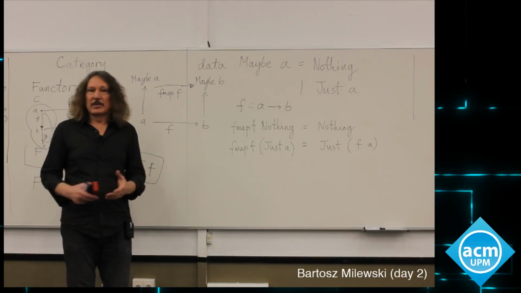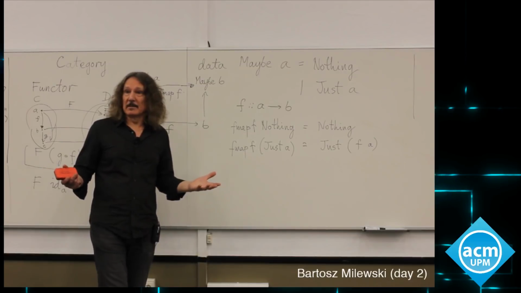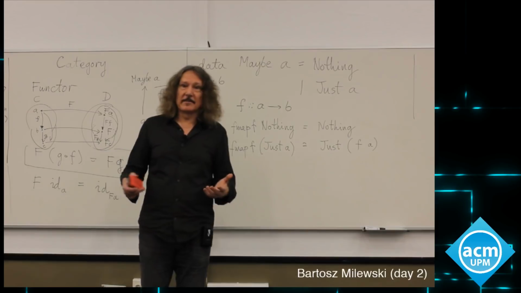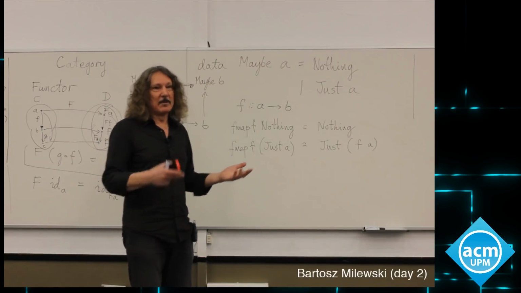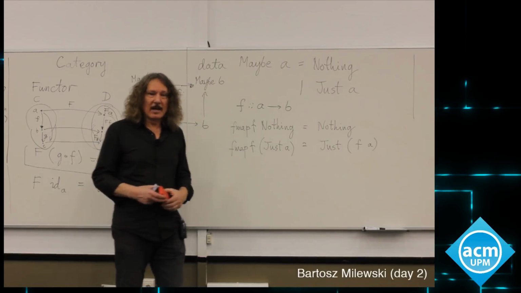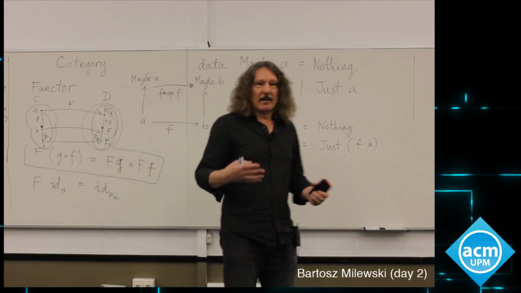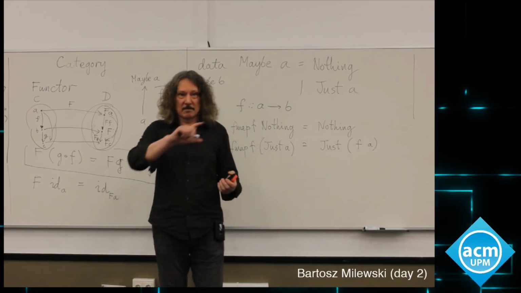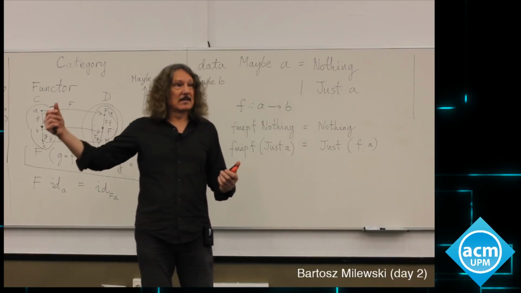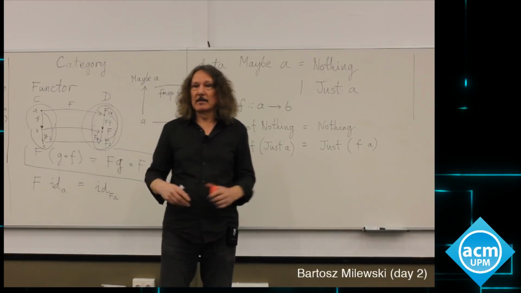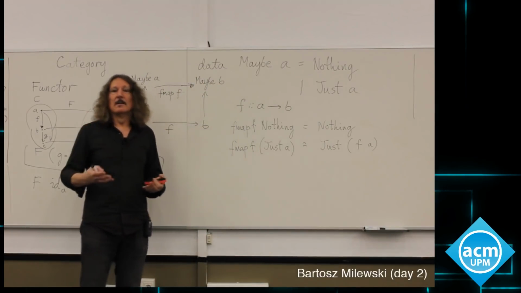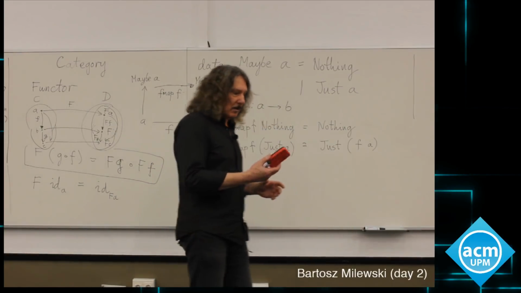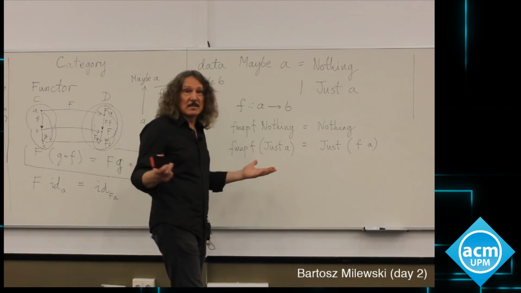Another example of a container is a list. A list is a container of things, so a list is a functor too. Everybody who programs in Haskell knows that fmap for a list is just map. You just apply the function to every element inside the list. That's how you lift a function to act on lists. And so on. A tree is a functor.